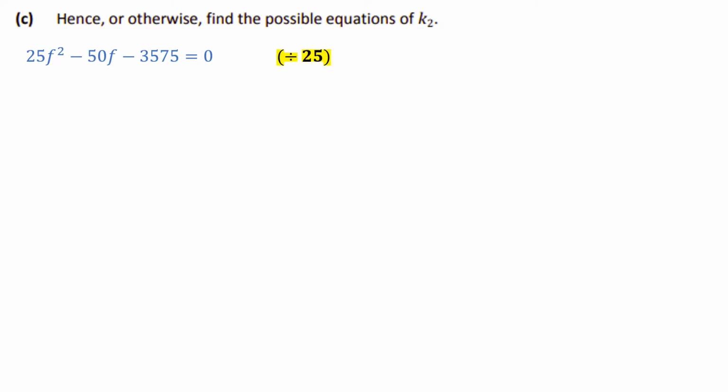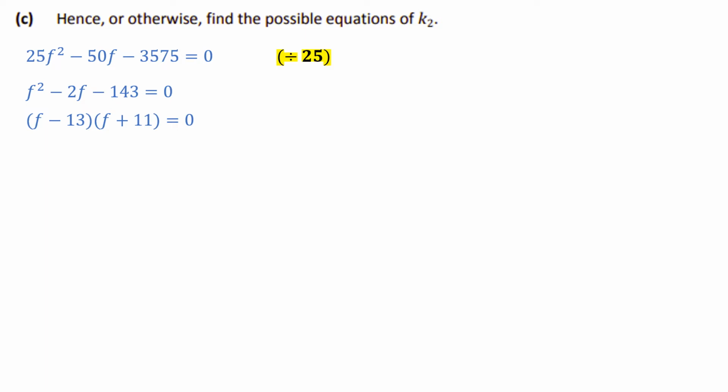Everything here is actually divisible by 25, and when I do that, I get f squared minus 2f minus 143. So 143 is quite a big number. If you want to use the minus b formula here, that is absolutely fine, but I'm going to use factorization. I get 13 and 11.